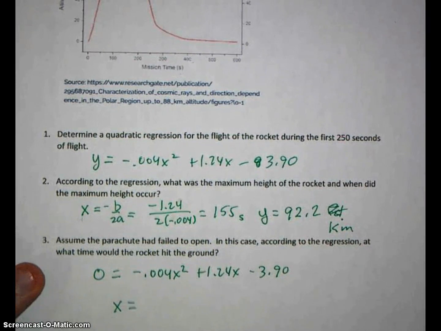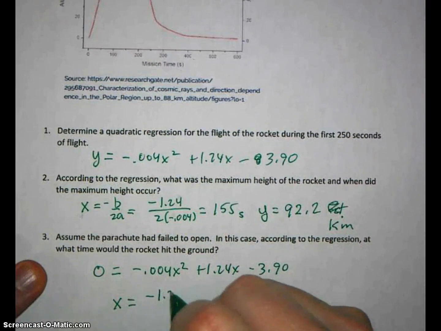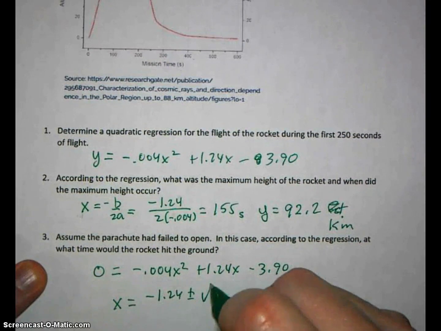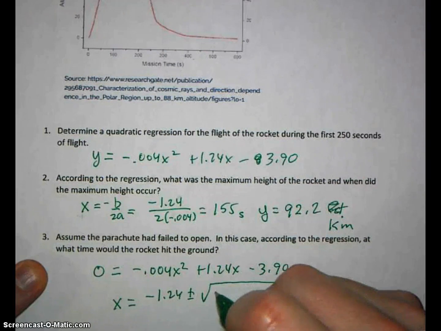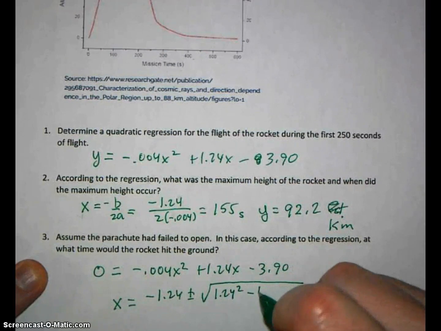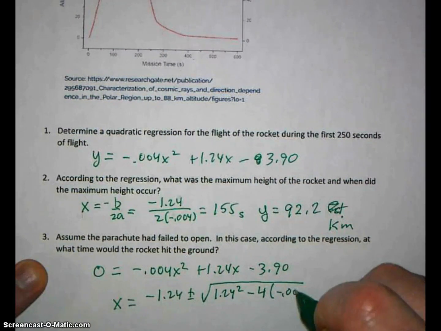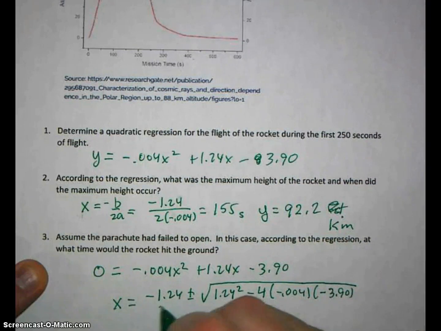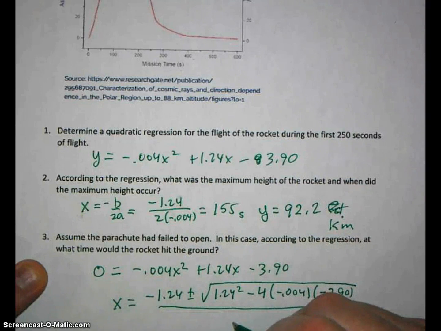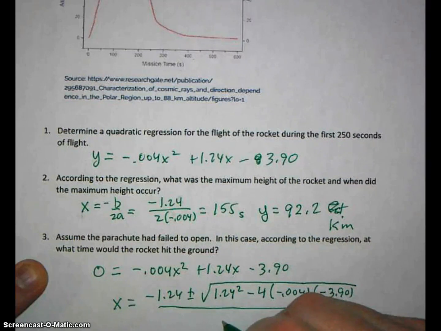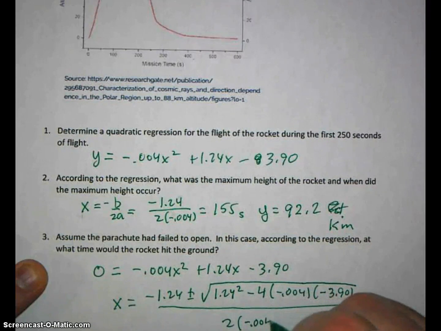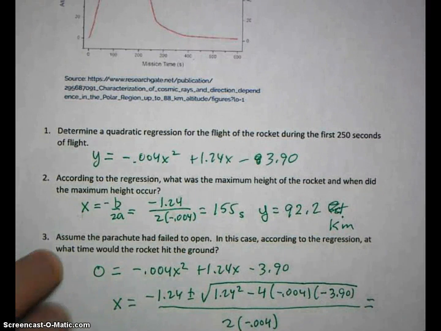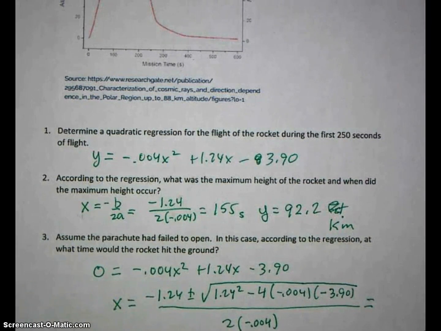Use the quadratic formula, negative b plus or minus the square root of b squared minus 4 times a times c, all divided by 2a. And I'll grab my calculator and type that up.